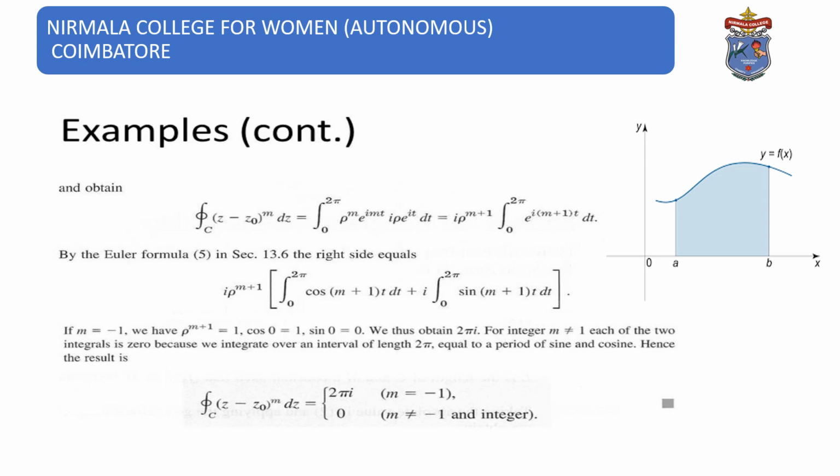Then we have found dz by dt and substitute the value of the integral. And finally, we get the result that integral over C f of z dz is equal to 2 pi i when m is equal to -1 and 0 otherwise.